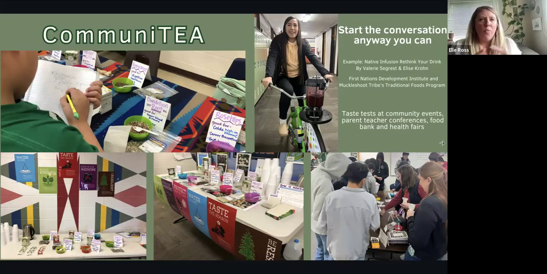I experienced this at the Native Nutrition Conference in Minnesota years ago, and now it is something that we've been able to incorporate and really start that conversation about what are traditional foods. Oh, we can do rose hips here, we can do dandelion here, what else could we do?